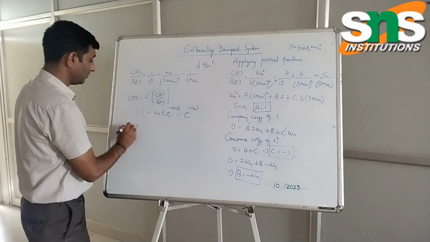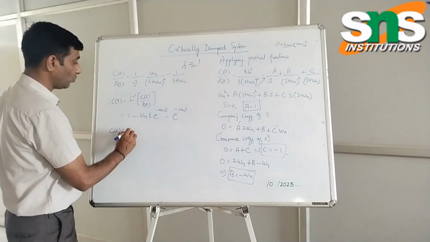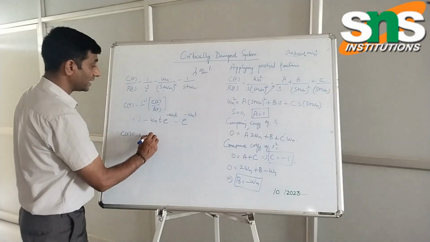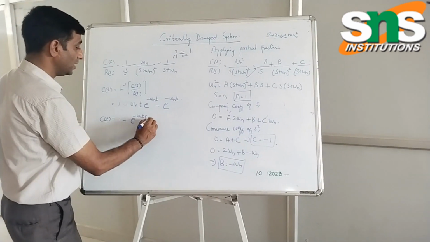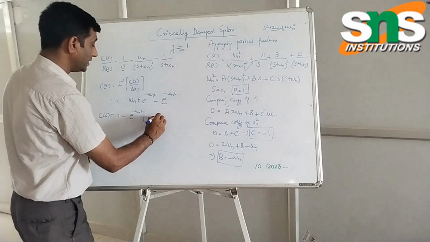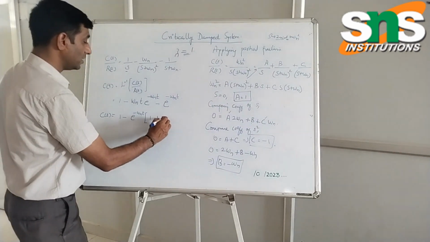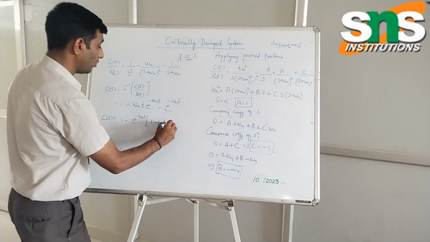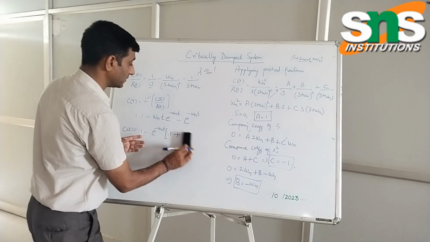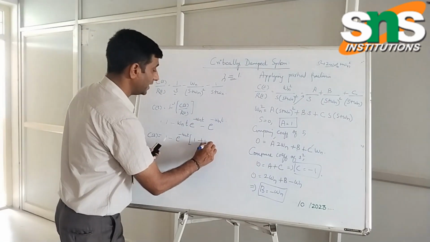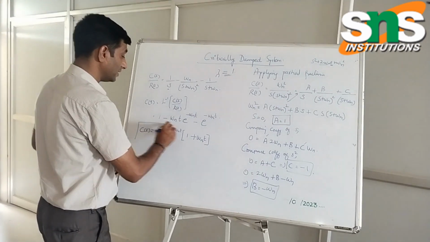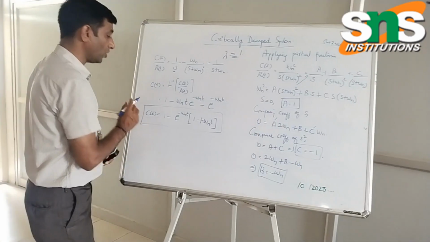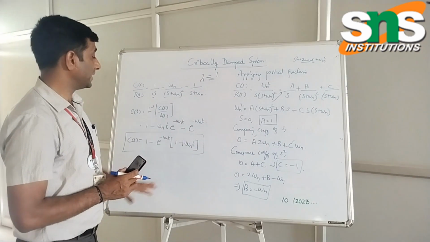So c of t is equal to 1 minus e power minus omega n t, which is common, so we take it outside: 1 plus omega n t. This is our final response for a critically damped system.